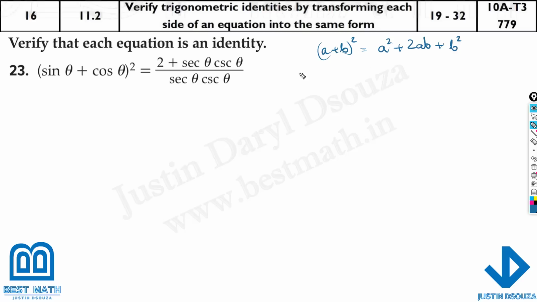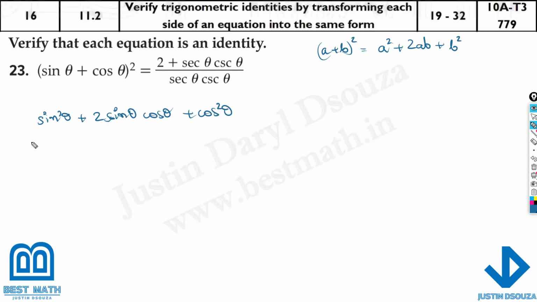So let's use the identity. The first term becomes squared, that is sine squared theta plus 2 times sine theta, and we have cosine theta, and plus cosine squared theta. So this is the simplification of the left side. Now what can we do with the right side? Wait a minute, I can even simplify further over here.